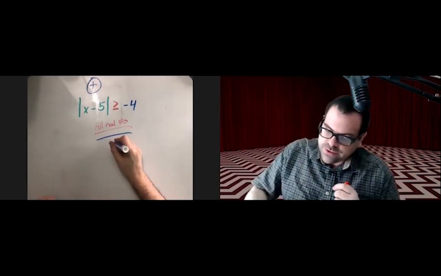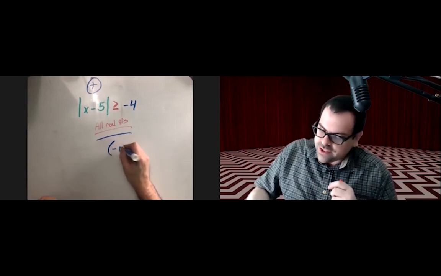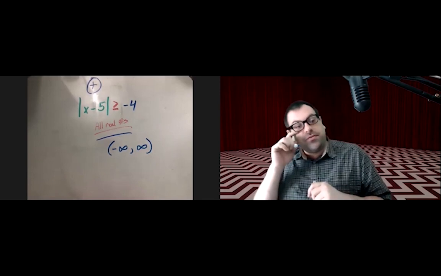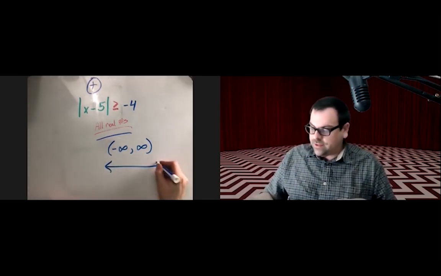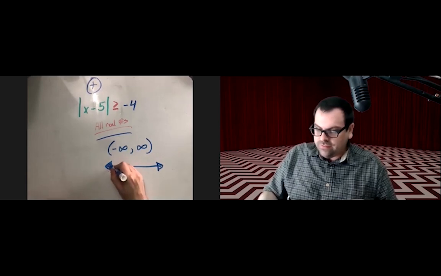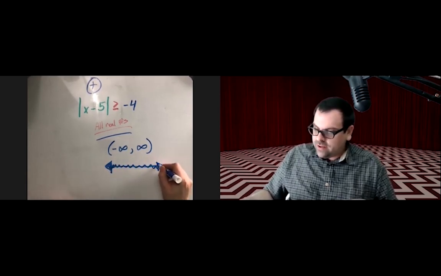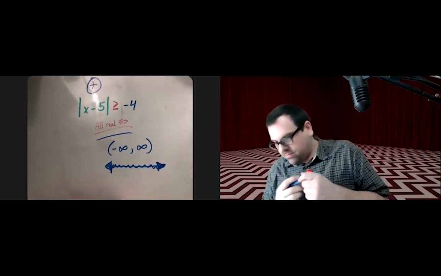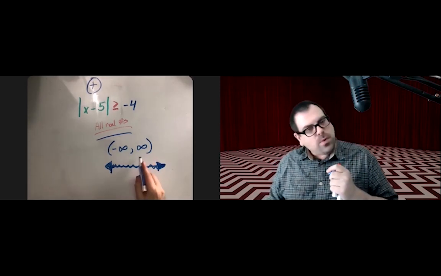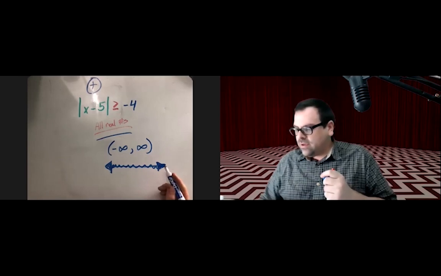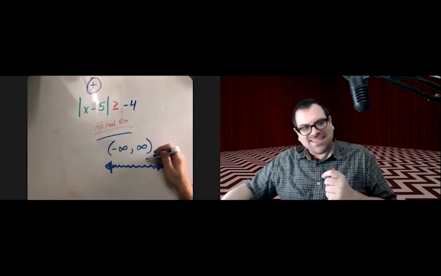All real numbers in interval notation is negative infinity to infinity, because it is all real numbers. It is the whole number line from negative infinity to and through infinity and beyond. Why does infinity get a parenthesis, never a square bracket? Because infinity is an idea.